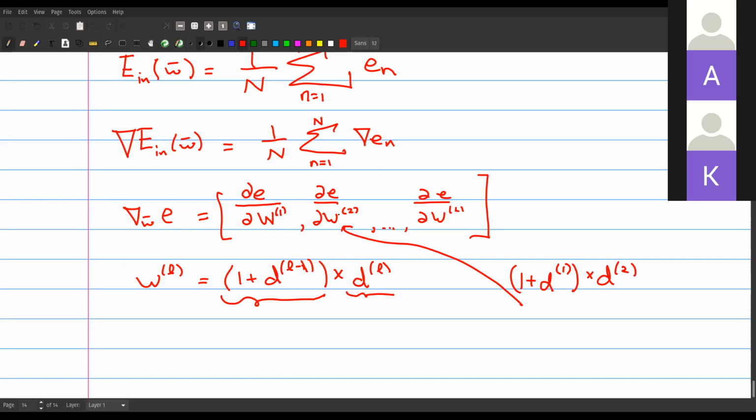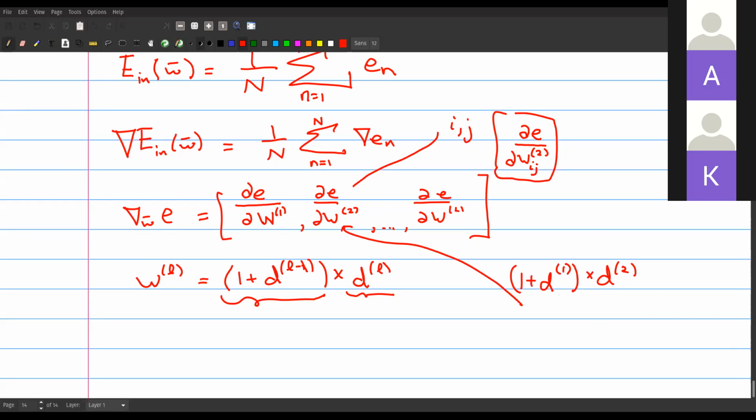So I write this as if it's just a number, but it's actually a matrix. And the ijth entry of this matrix is the partial derivative of the pointwise error function with respect to the ijth entry of the matrix W2. So this would be an actual number, and this is a matrix of those numbers.